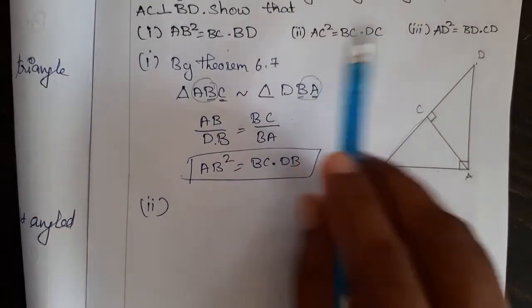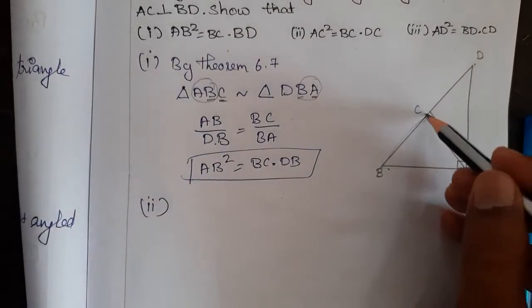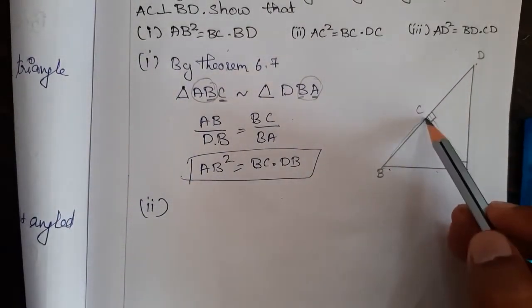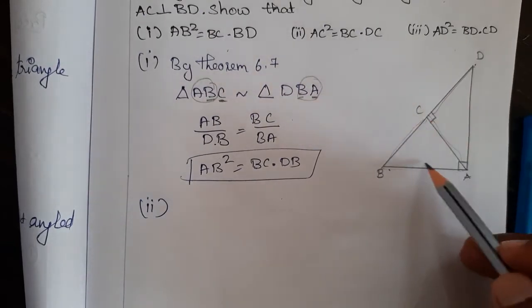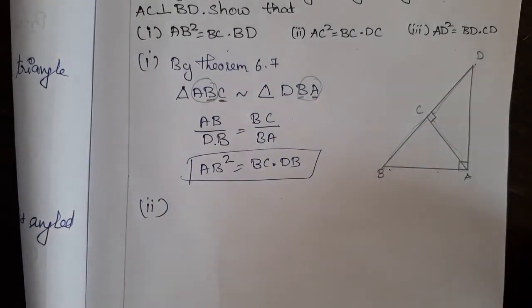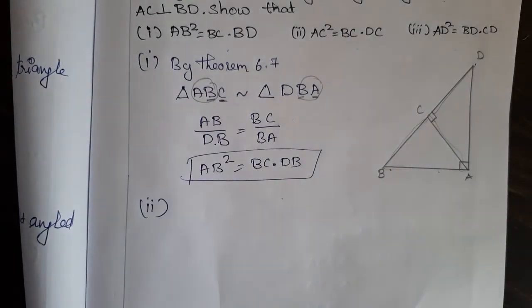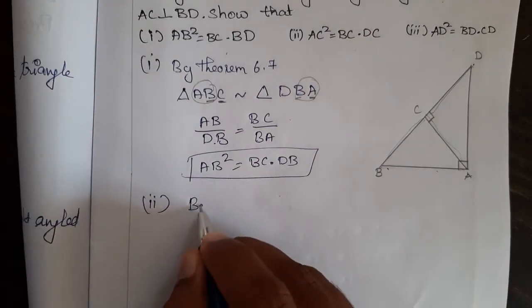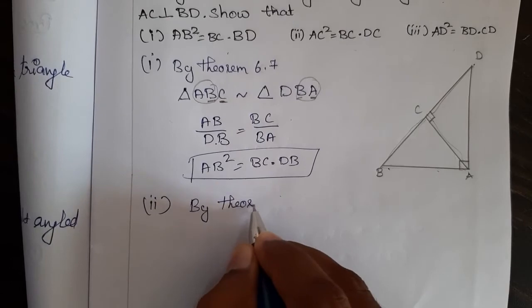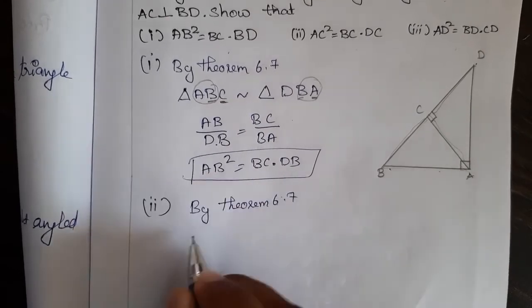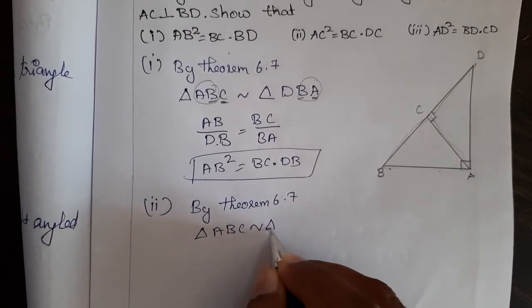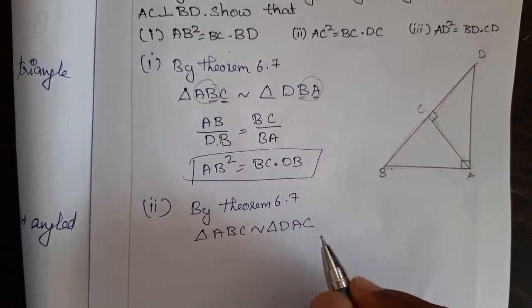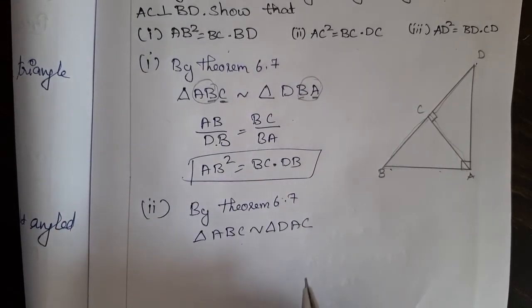Here you can see AC, both triangles have the AC, and the other ones are BC and DC, right? So this small triangle and this big triangle. By theorem 6.7, you can say that triangle ABC is similar to triangle DAC. C is common, it's 90 degrees.